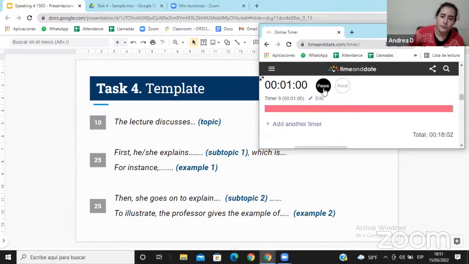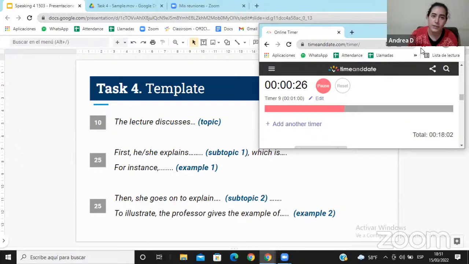Okay, let's go. So the lecture discusses consumer decision making and the 2 major factors that influence product quality. First, the professor explains reliability, which is defined as when a product meets the consumer's expectations. That is to say, when the product works the way it's supposed to work and doesn't need repairs too soon. For instance, the professor gives the example of cars, and a car is said to be reliable when it works the way it should and the consumer is not worried about taking it to the mechanics too soon.